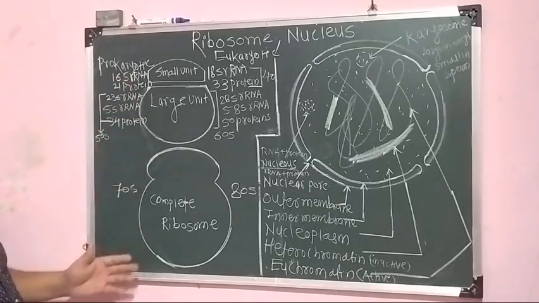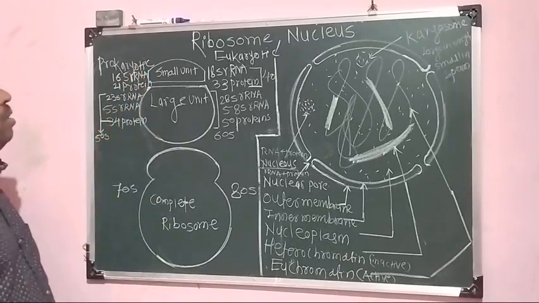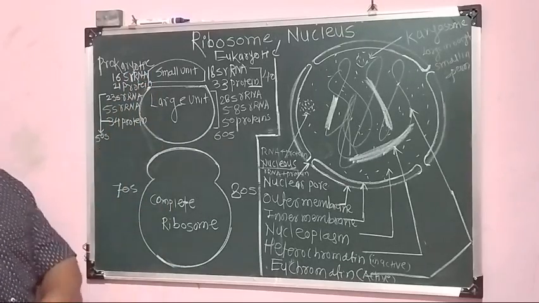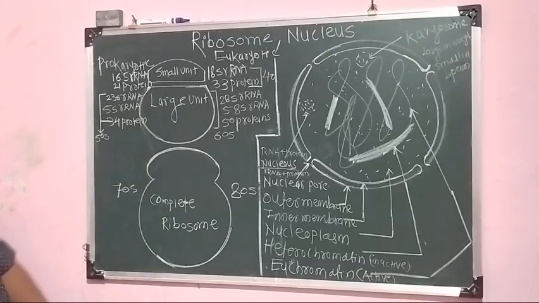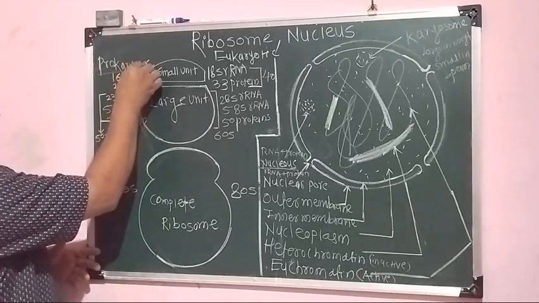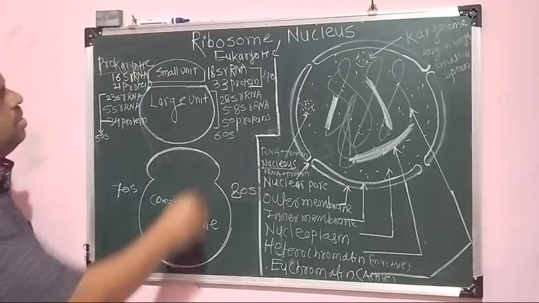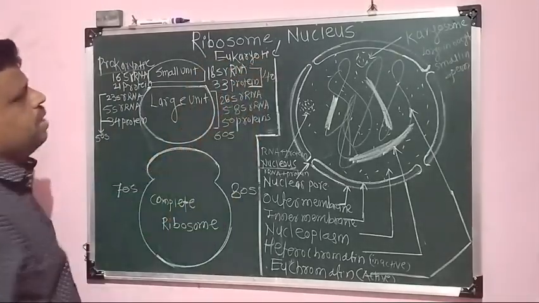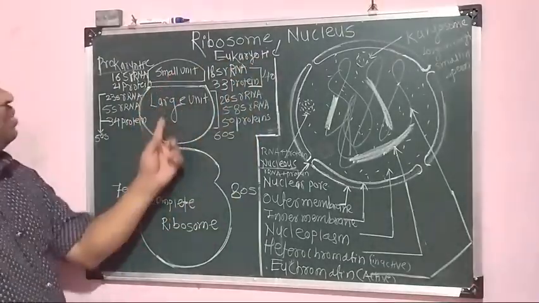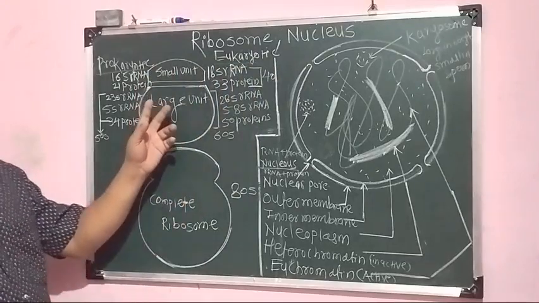So you can see the comparative study of the ribosome present in the prokaryotic cell and the eukaryotic cell. First see the ribosome of the prokaryotic cell, then we will study the ribosome of the eukaryotic cell. Each ribosome consists of two parts.